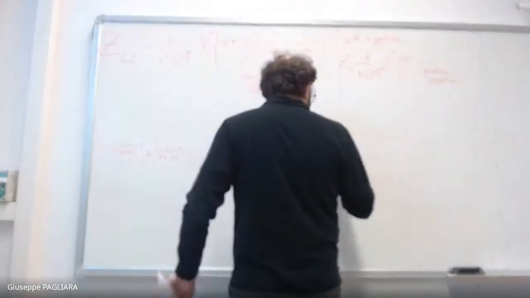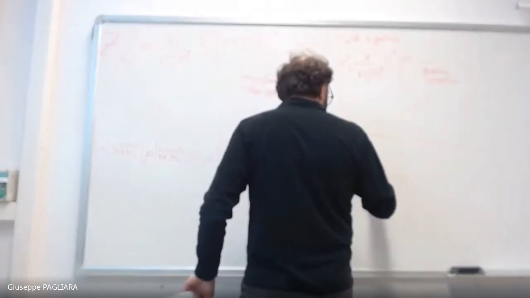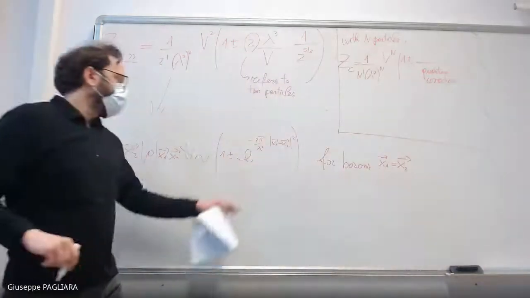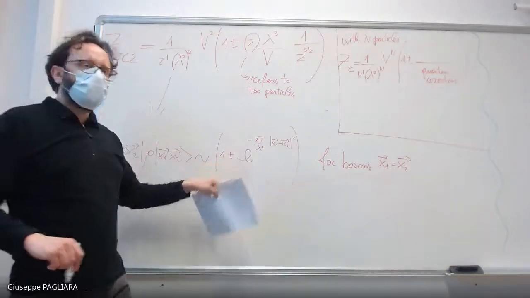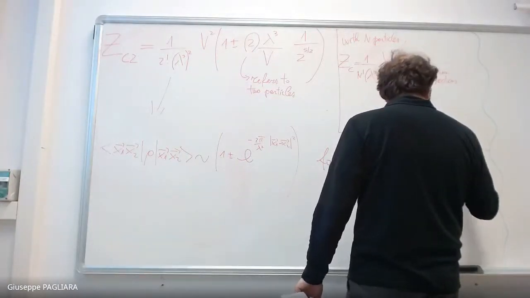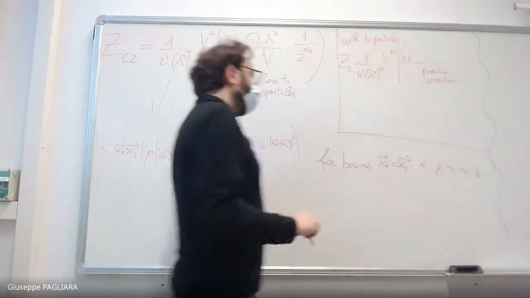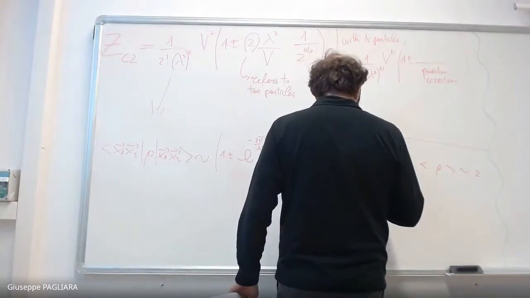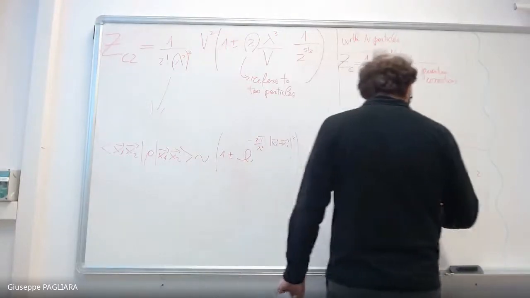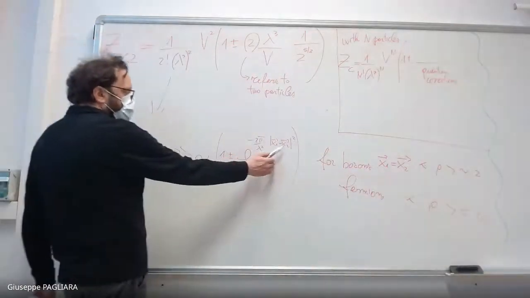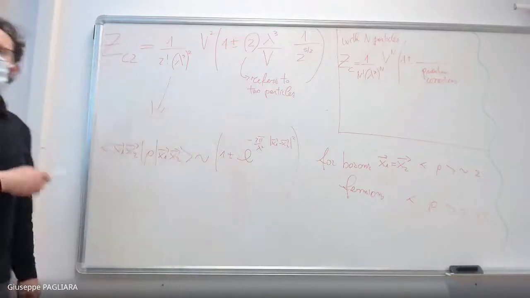For bosons, if x1 is equal to x2, I have a factor of 2, so this matrix element is proportional to 2 times this normalization, whereas for fermions, this matrix element is 0, because in this case 1 minus 1 is 0.